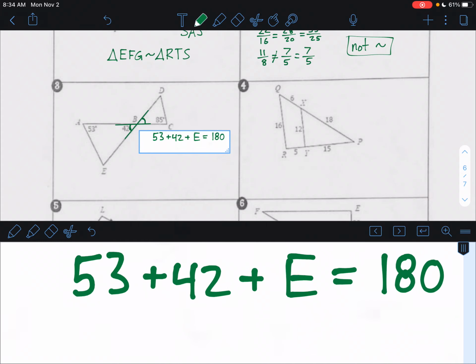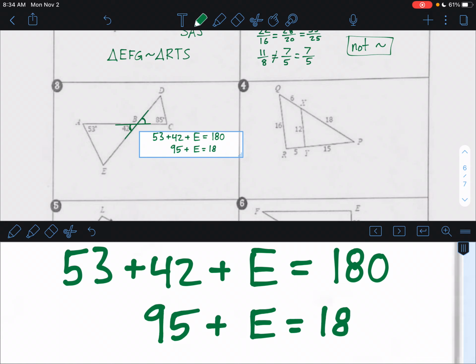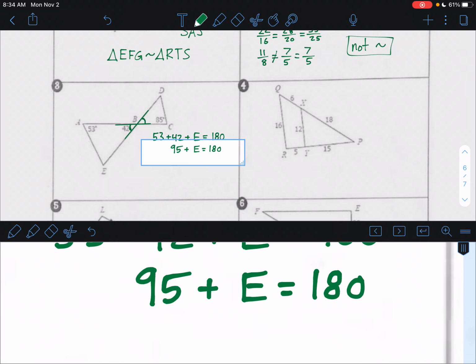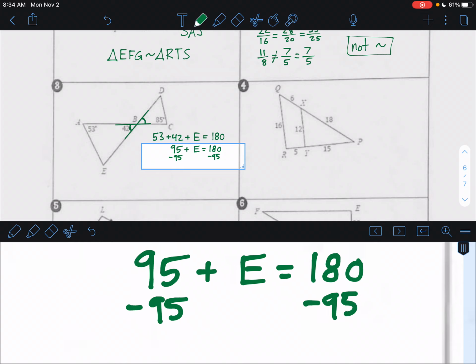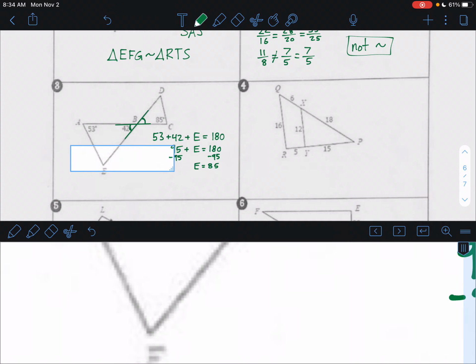Okay, I want to combine my like terms. So 53 plus 42 is 95, plus E equals 180. Subtract 95 from both sides. And I'm going to get E equals 85.